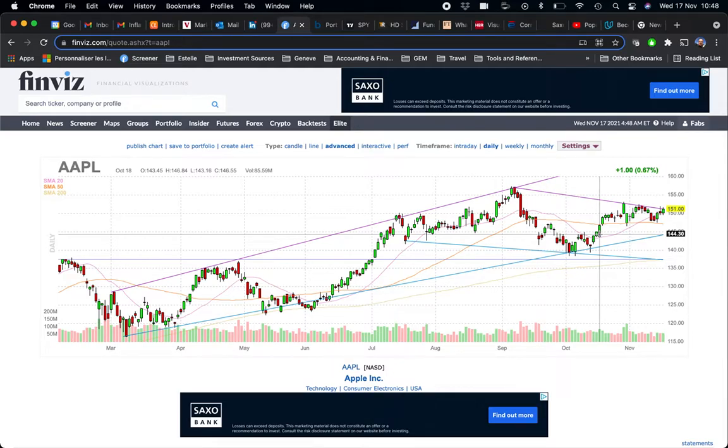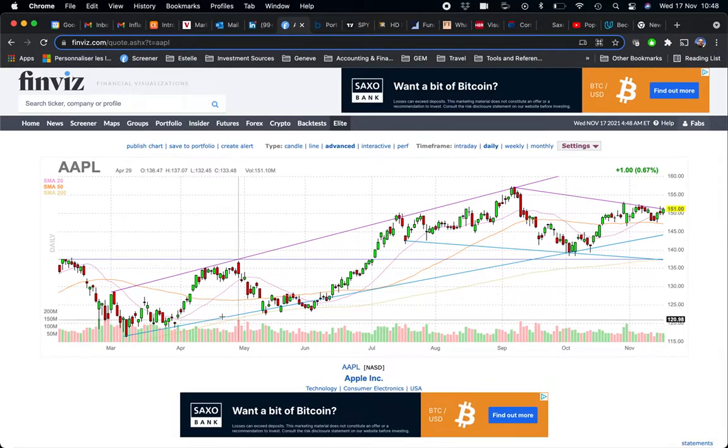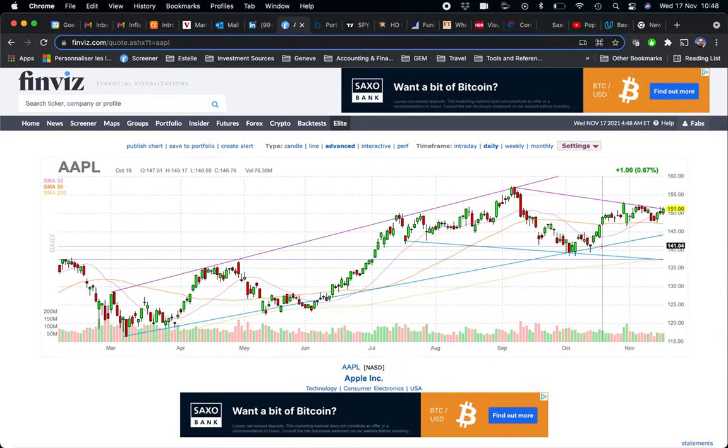You should have at this moment a stop loss below the trend line. You see here, the bullish trend line has been working as a support. It worked here, here, here. So we can use the support line here, the blue line, as a stop loss.